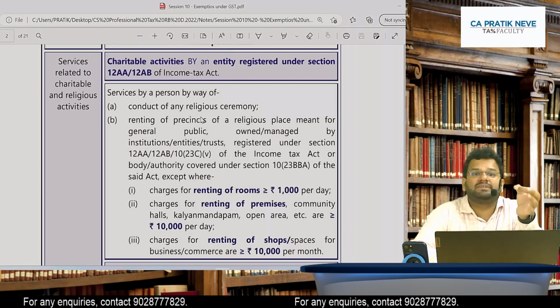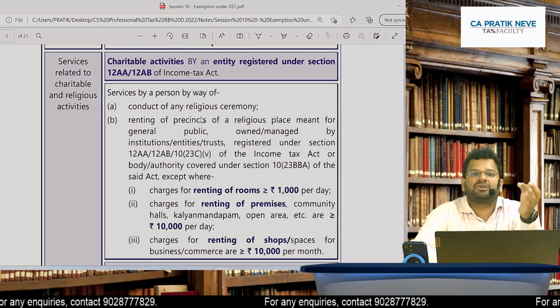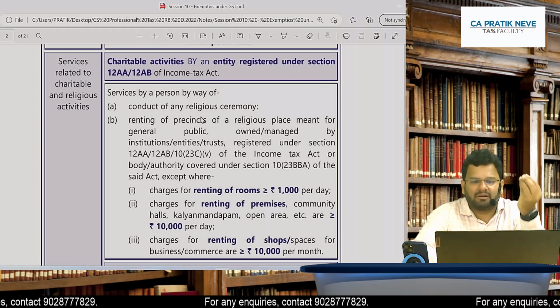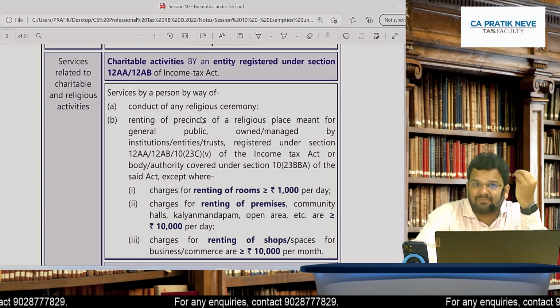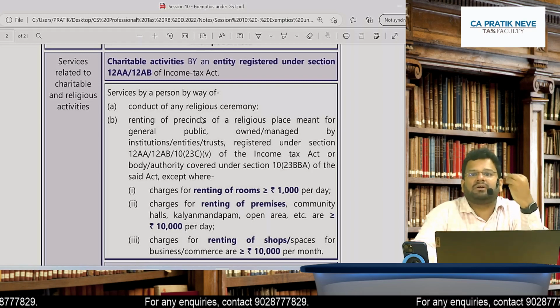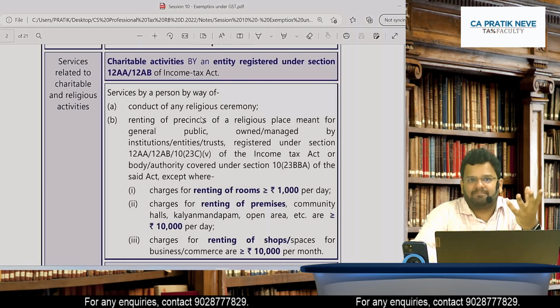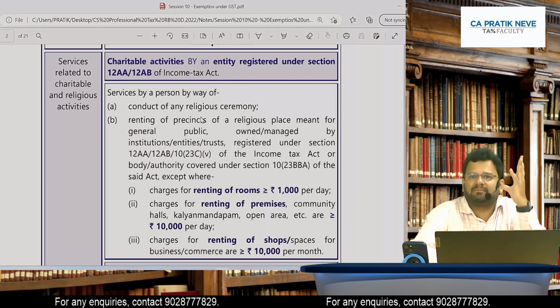Who is giving services is not defined, but it means whatever a priest receives as dakshina after performing the religious ceremony is not considered as supply. Rather, that is exempt. Even if it is supply, it is exempt.